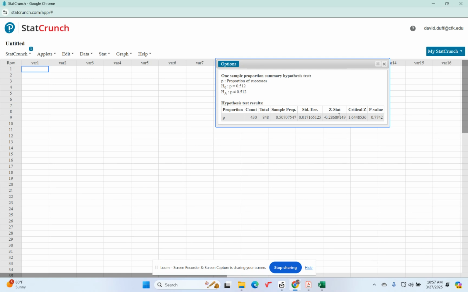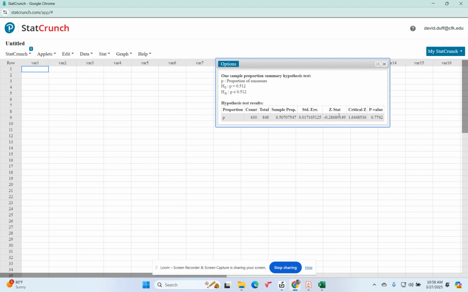So our Z statistic, remember, that's the measure of how many standard deviations we are away from the mean. That's very close to the mean, right? As we could tell just by the initial numbers. But so we have a Z-stat, or a test statistic, we could call it, of negative 0.28.